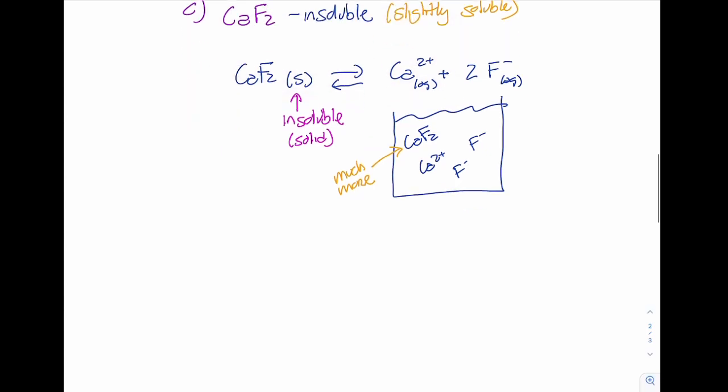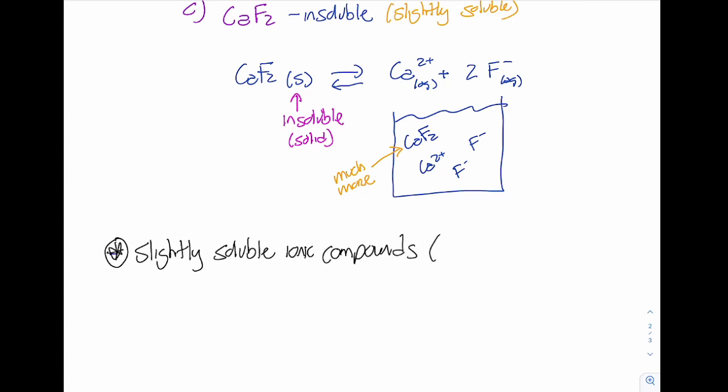So slightly soluble ionic compounds, also known as insoluble salts, are defined by an equilibrium constant, and it's called a solubility product constant.